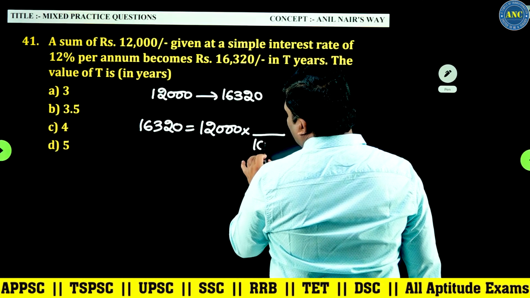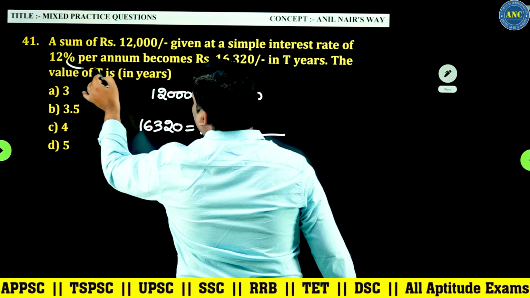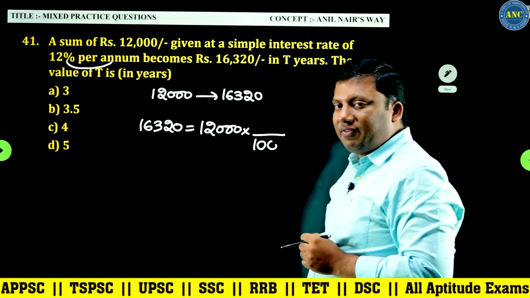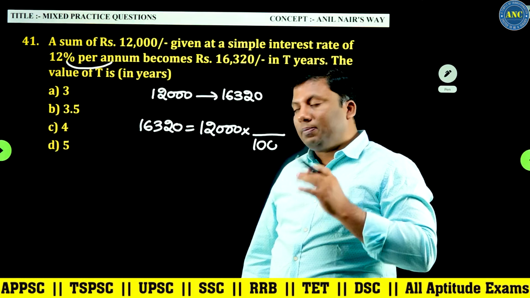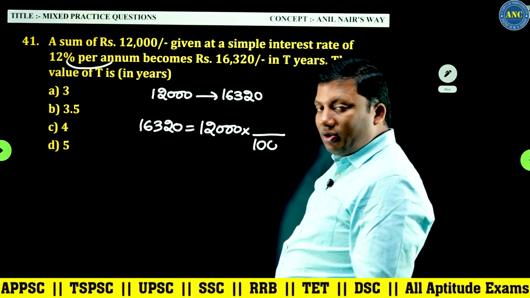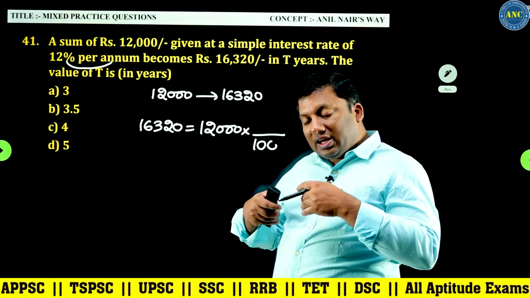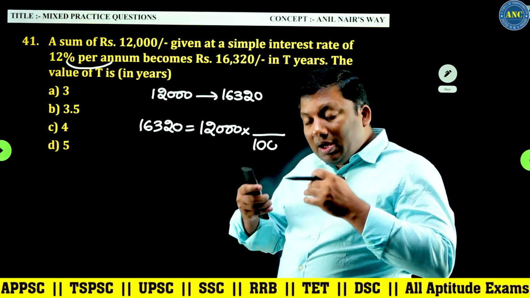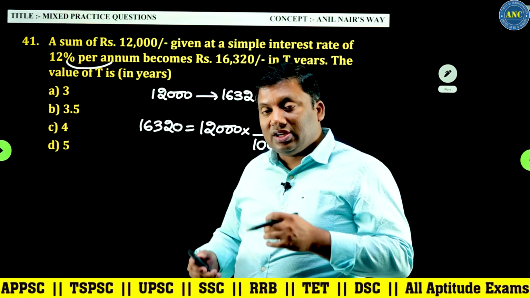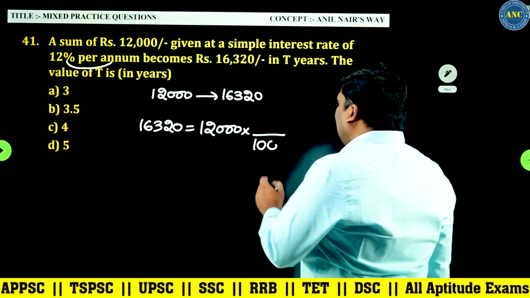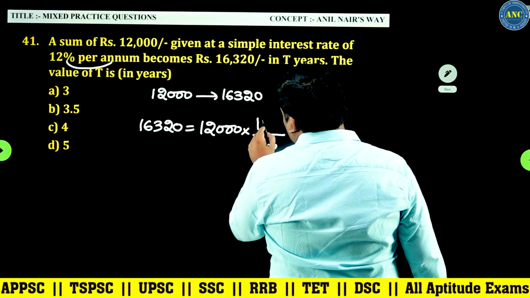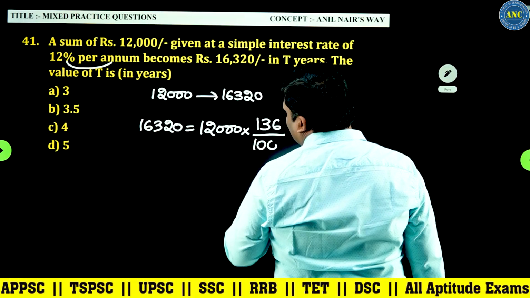On 100, 12% every year. Per annum means every year. Every year 12%. How many years? We don't know, so go by the answer options. If I take option 1, 3 years, per year 12%, 3 years it is 36%. 36 increase means 136.